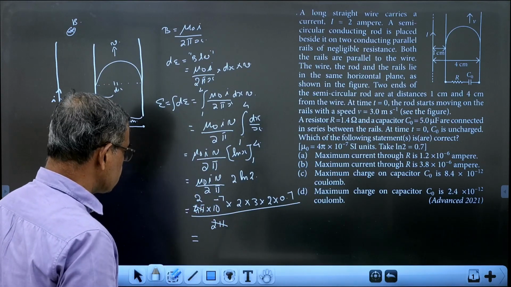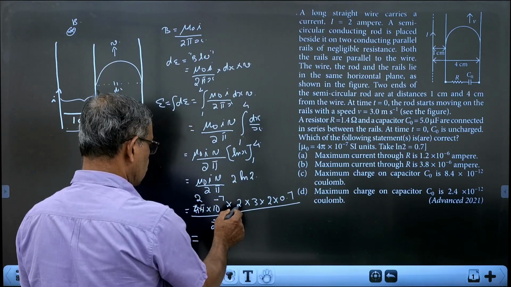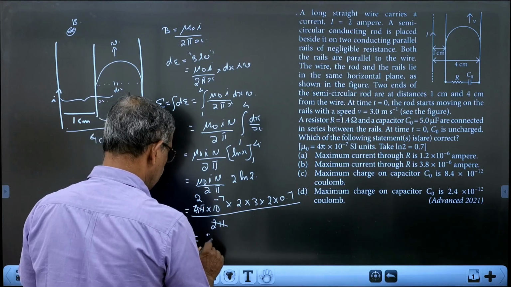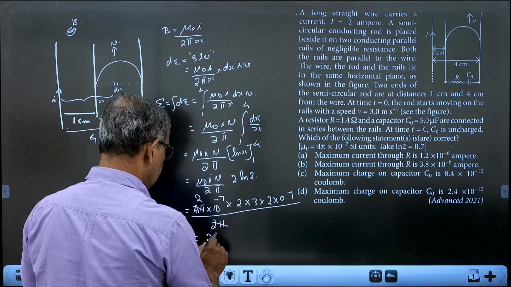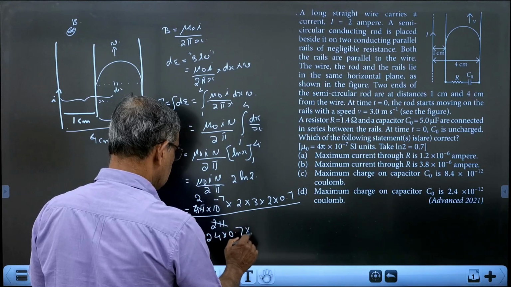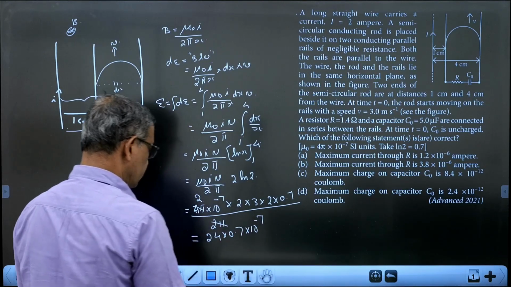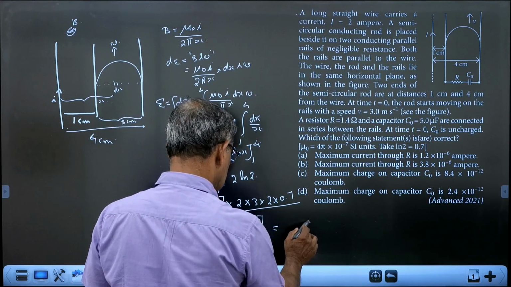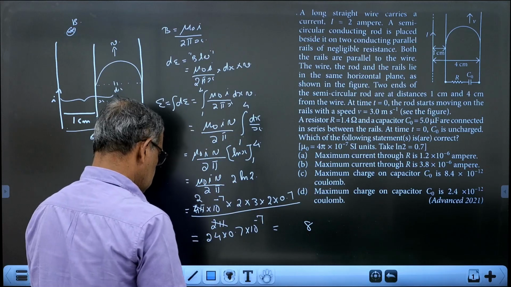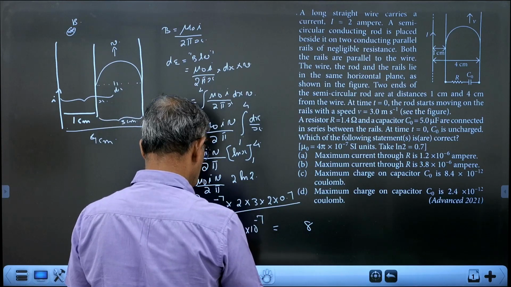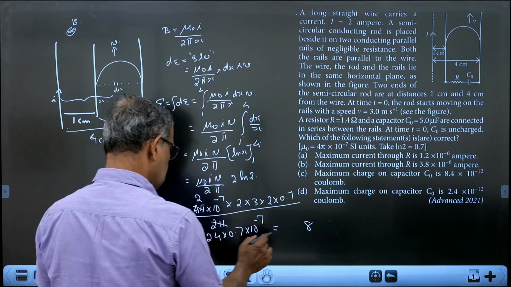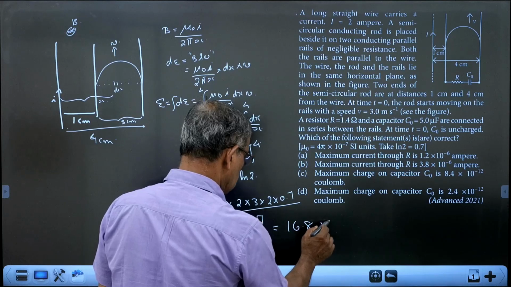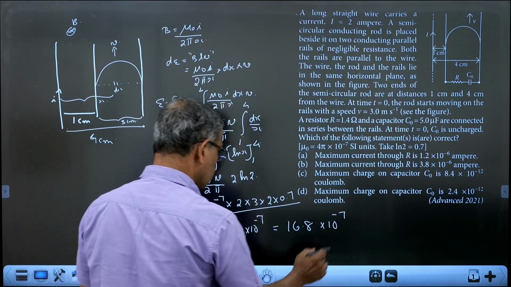Now on simplification, the value is equal to 2 into 2 into 2 into 2, 8 and 24. 24 into 0.7 into 10 raised to minus 7. Again, on calculation, that is equal to 16.8 into 10 raised to minus 7 volt.